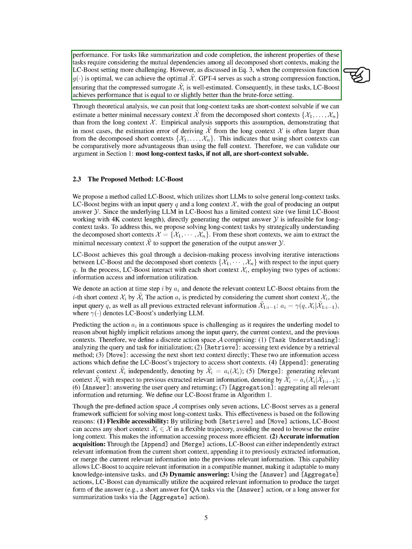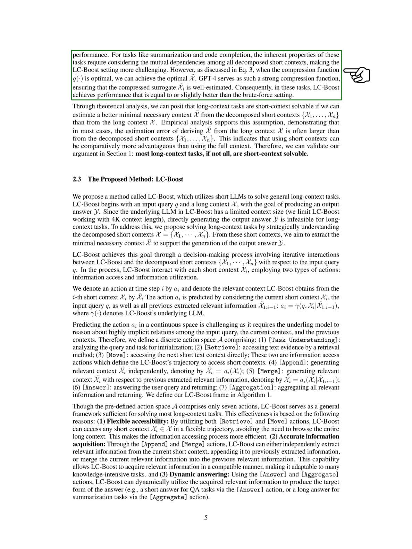For tasks such as summarization and code completion, where considering mutual dependencies among all decomposed short contexts is crucial, the LC Boost setting faces more challenges. However, with an optimal compression function like GPT-4, we can achieve the best estimation of X̃, leading to performance equal to or slightly better than the brute force setting in these tasks.